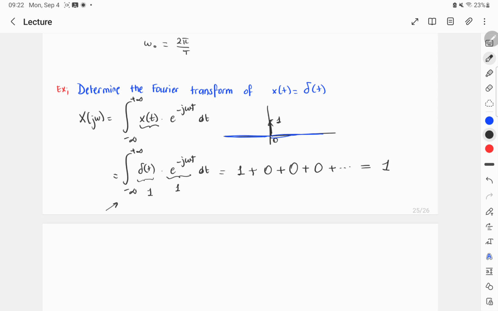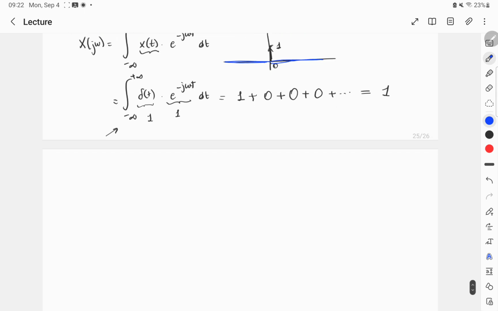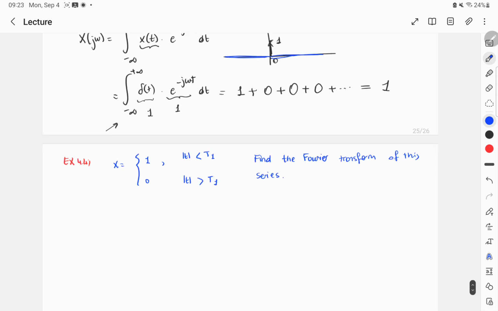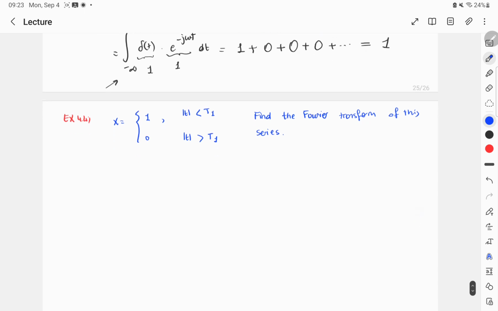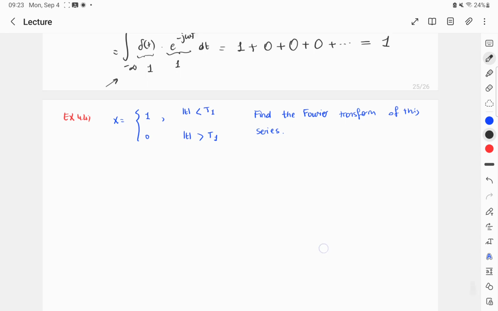Now, let's move on to our next example, example numbered 4.4 in the book. Our example says that we have a piecewise function as shown, and it needs us to find the Fourier transform of this series.